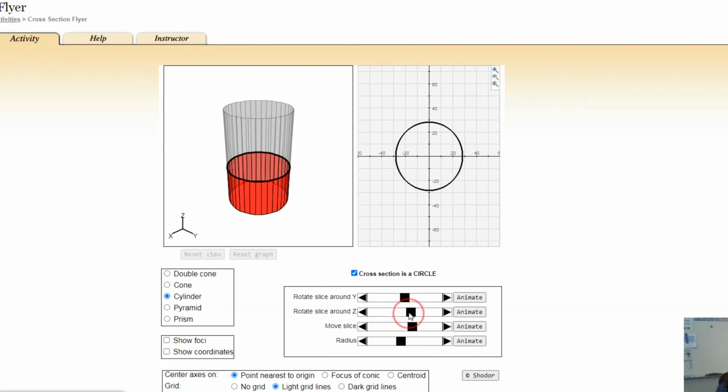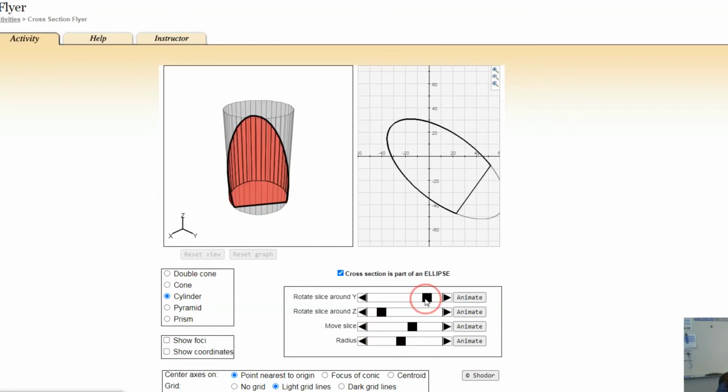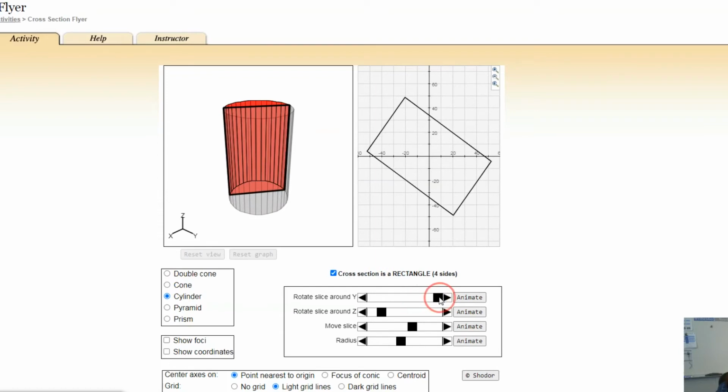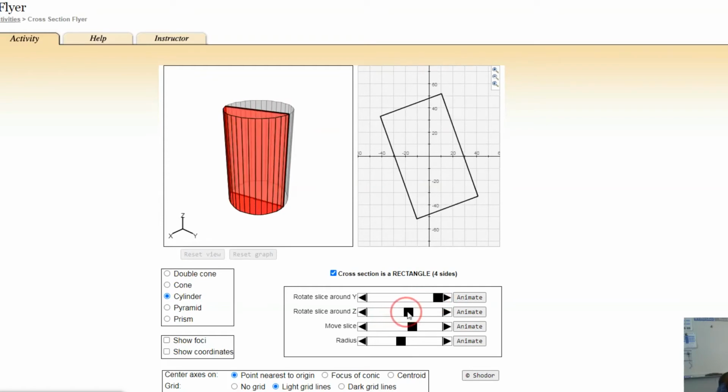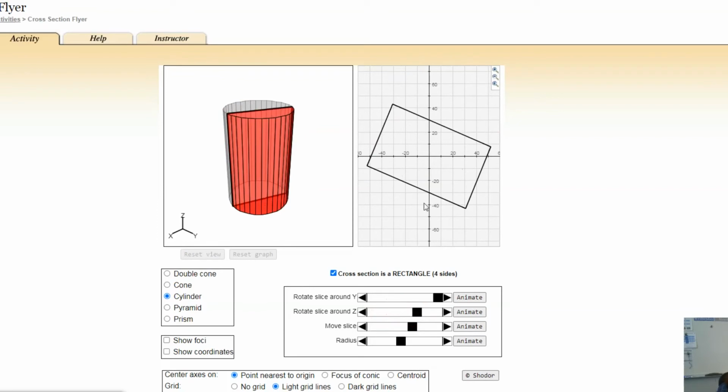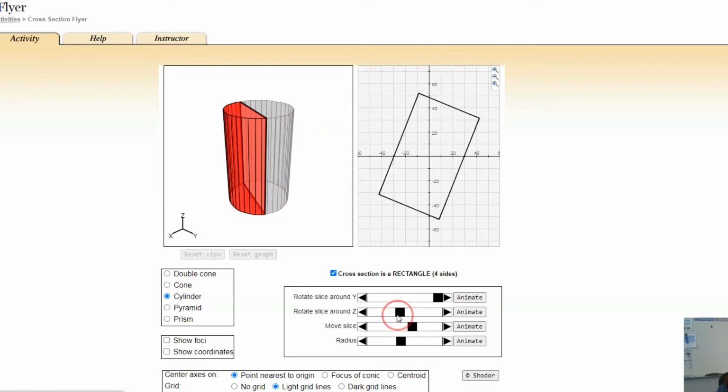Okay, now if we're vertically slicing through, you can see I get rectangles over and over again.